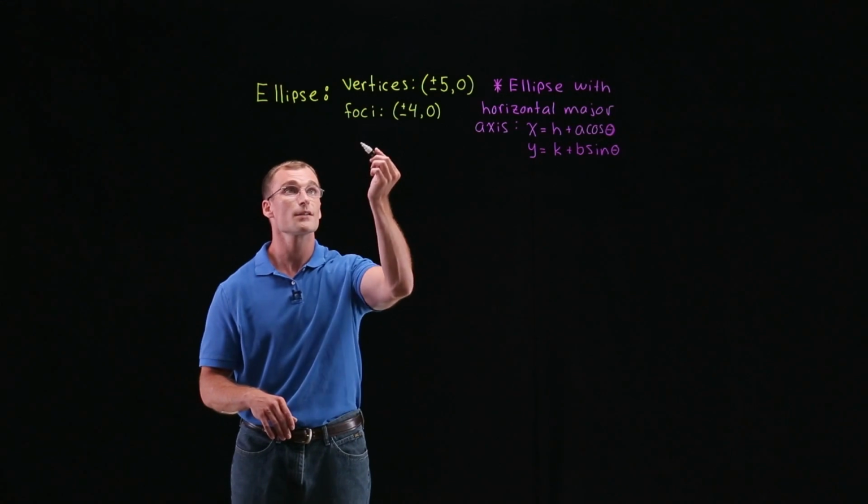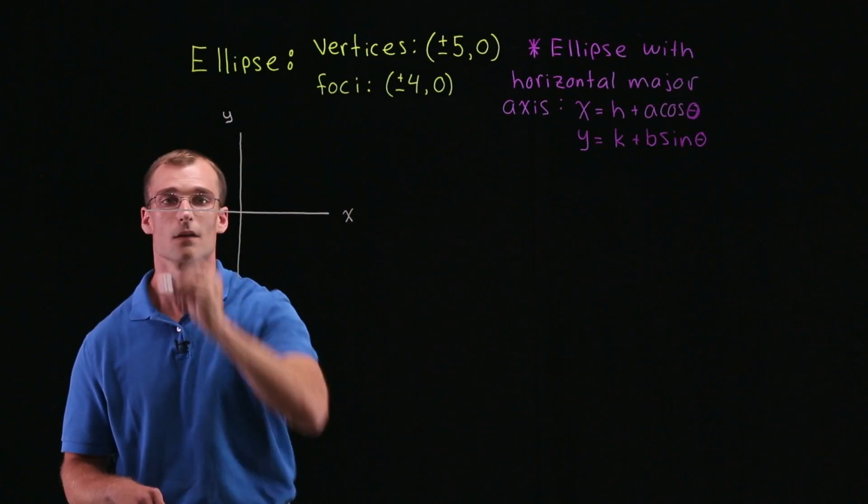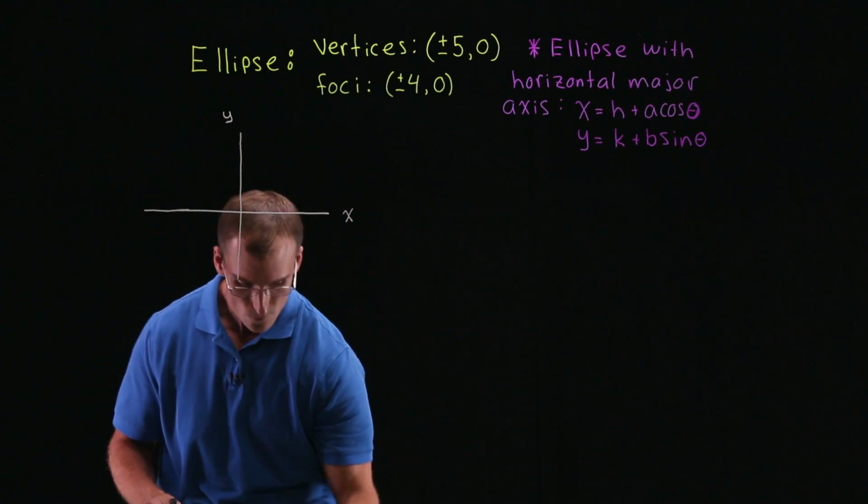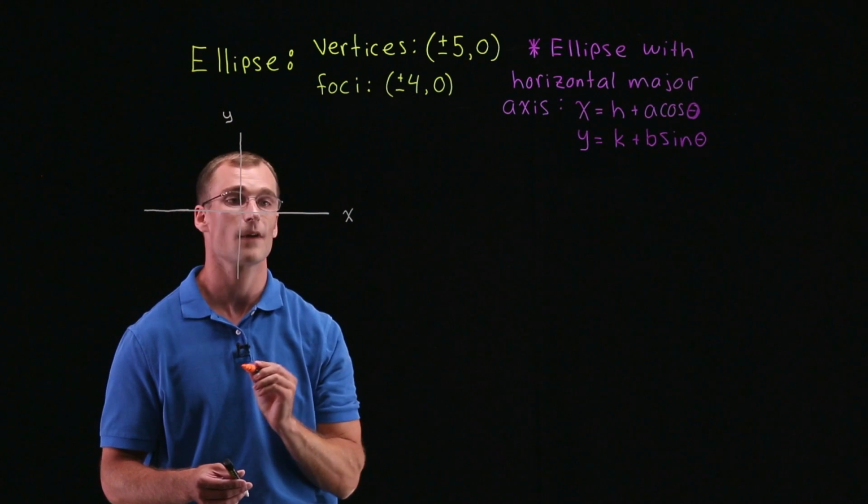So we're told we have vertices and foci of our ellipse. To start with, the vertices are at positive and negative 5, 0.